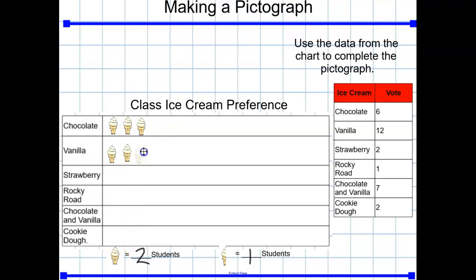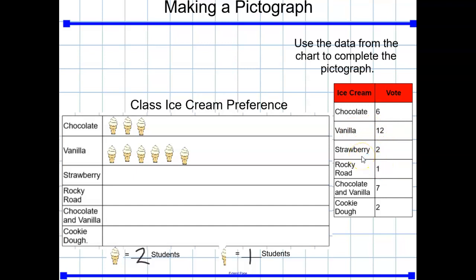So 2, 4, 6, 8, 10. Let's move this guy over. 10, 12. Let's double check. Each symbol is worth 2. So 2, 4, 6, 8, 10, 12. Does that represent 12 students voting for vanilla? Yes, it does.